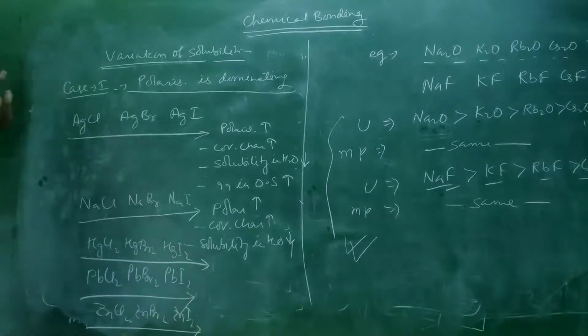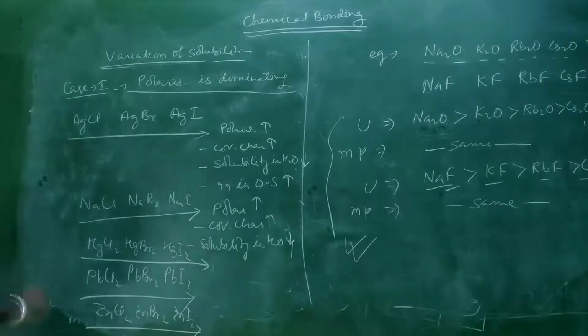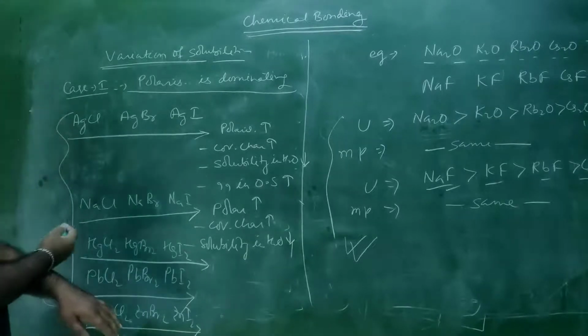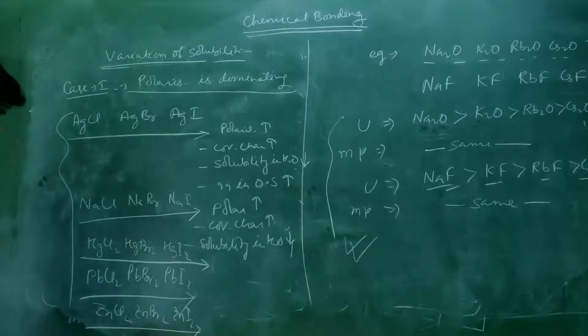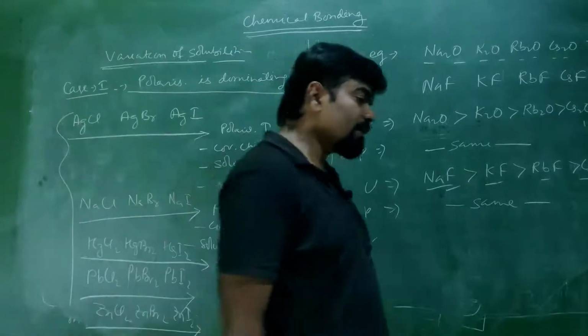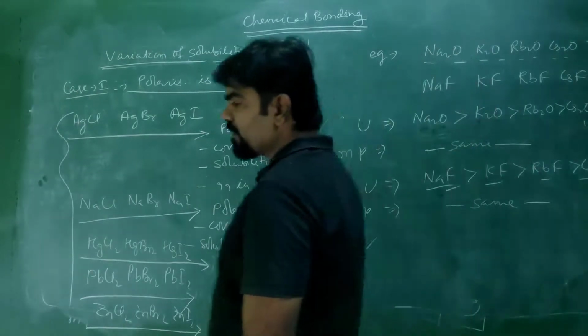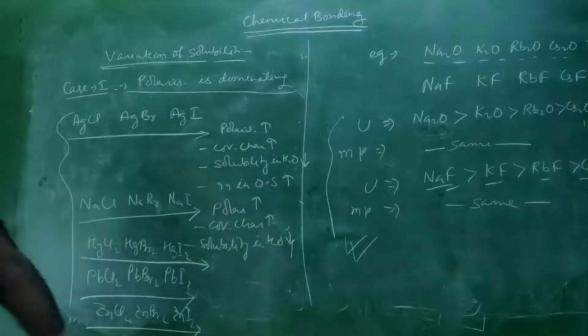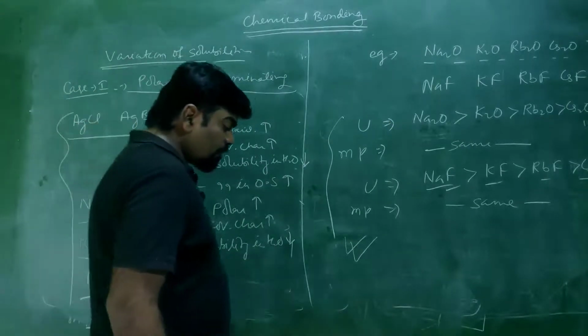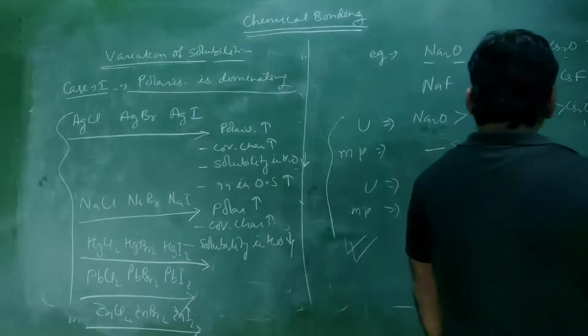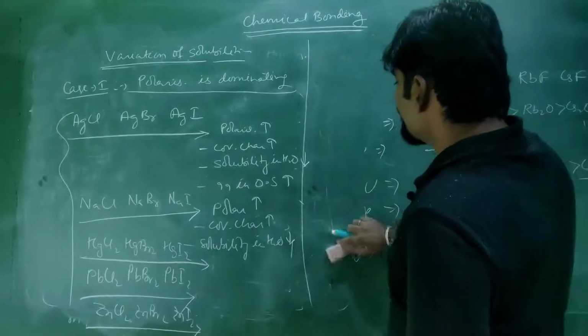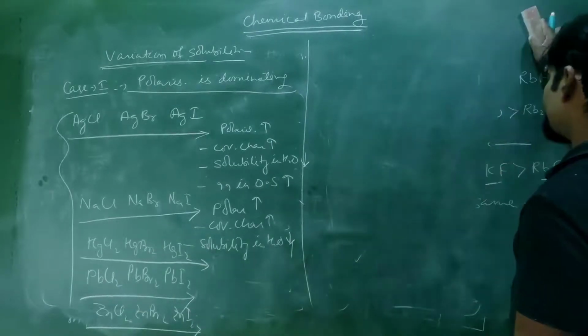So in all these cases, polarization is the dominating factor. When polarization is dominant, lattice energy has no role in explaining solubilities, and solubility in water decreases with increase in polarization.